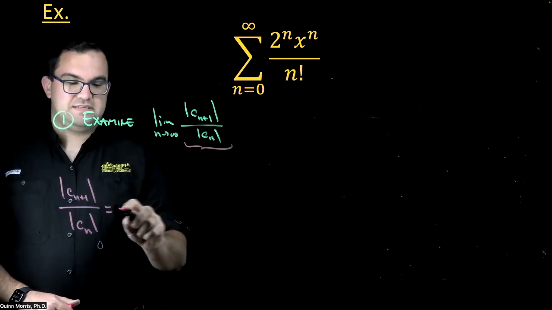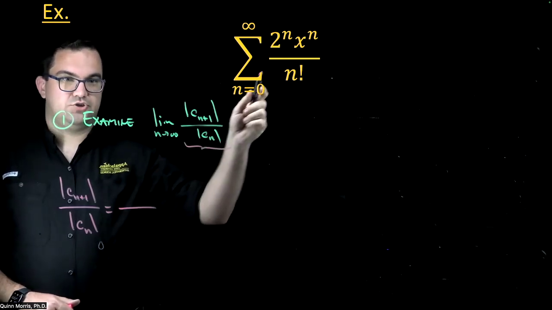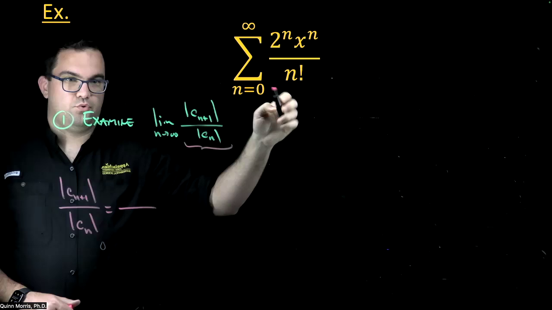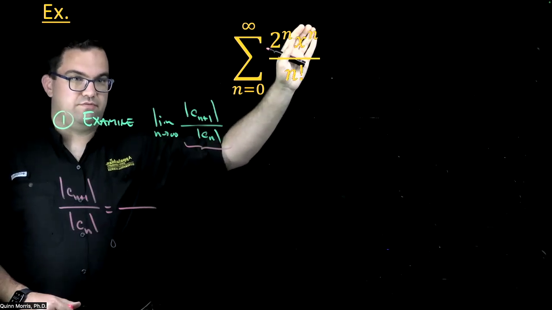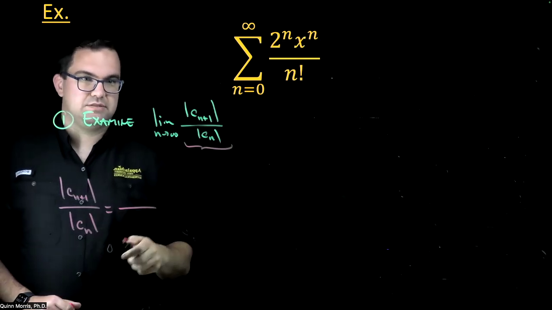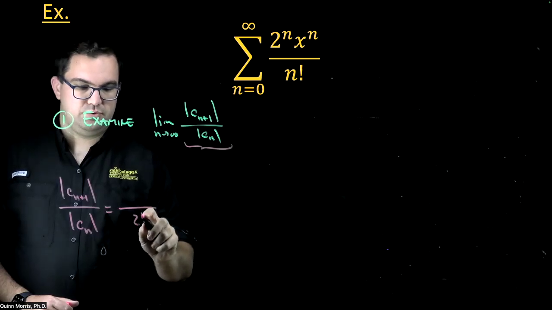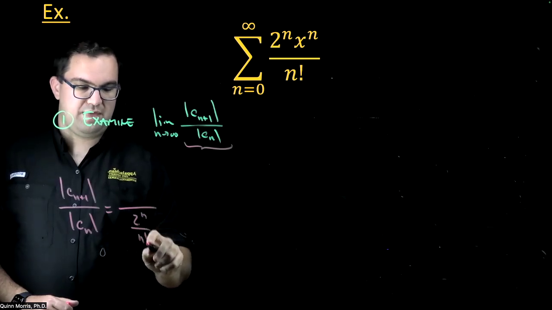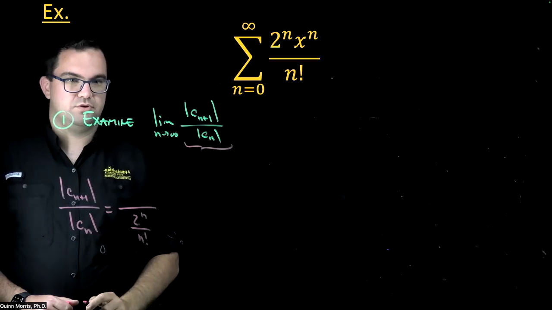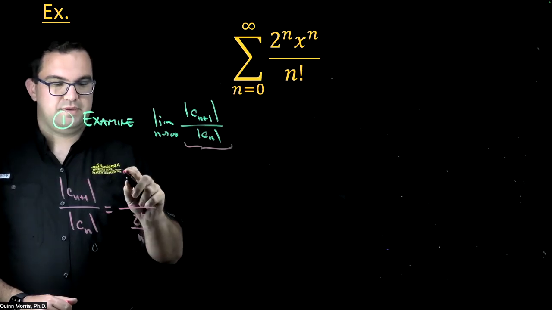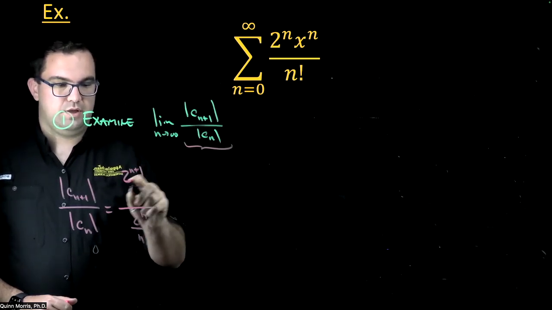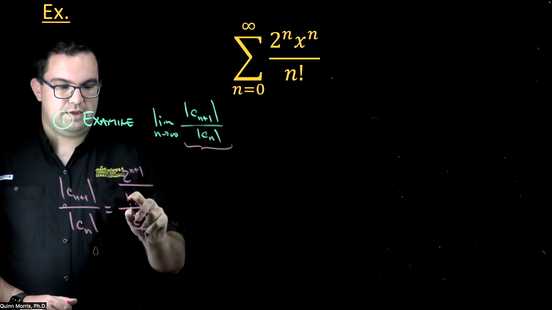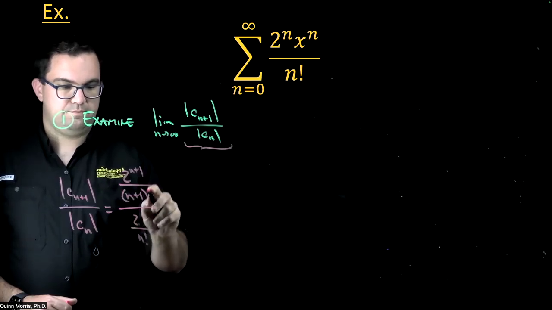Well, my Cn is just 2 to the n divided by n factorial. I'm ignoring the x to the n piece. So it's 2 to the n over n factorial, and all of that is positive, so I can lose the absolute values. This piece then will be 2 to the n plus 1 divided by n plus 1 factorial.